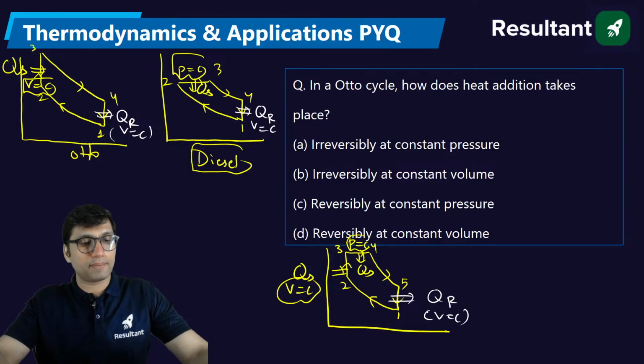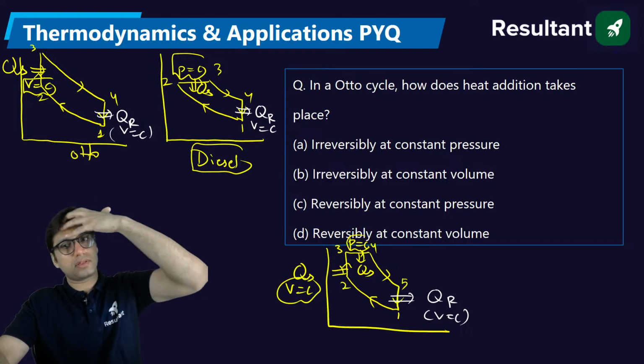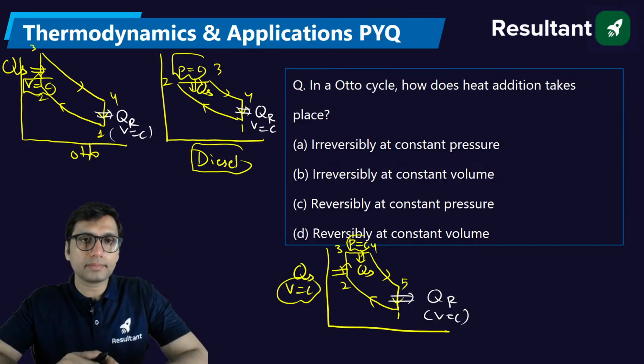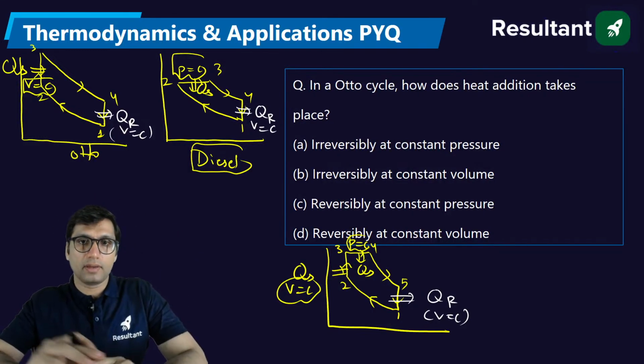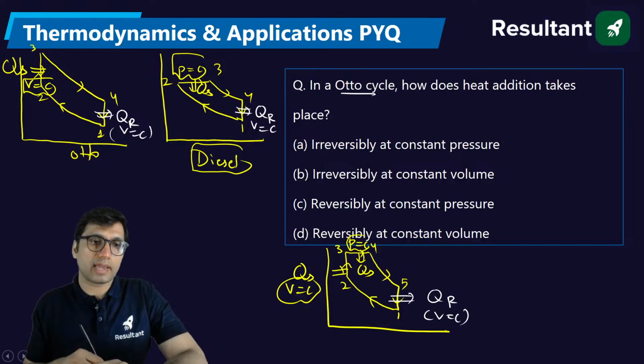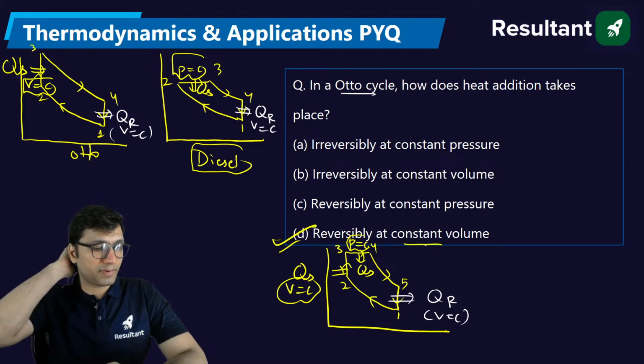Compression and expansion take place reversible adiabatically. The only difference is the method of heat addition. So asking about the Otto cycle, how does the heat addition take place? It takes place reversibly at constant volume. Why are we saying reversibly at constant volume?